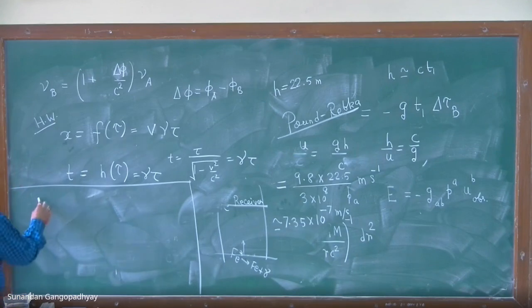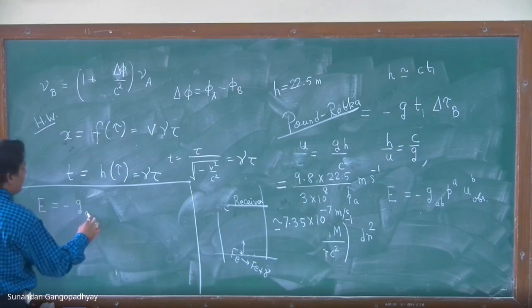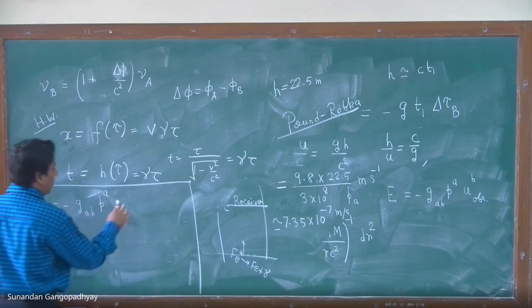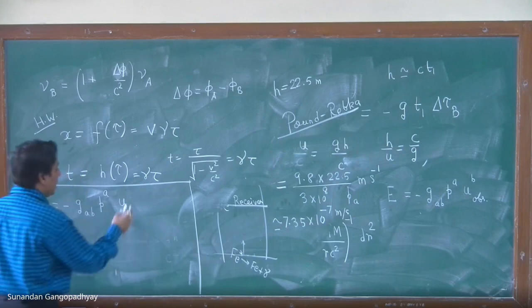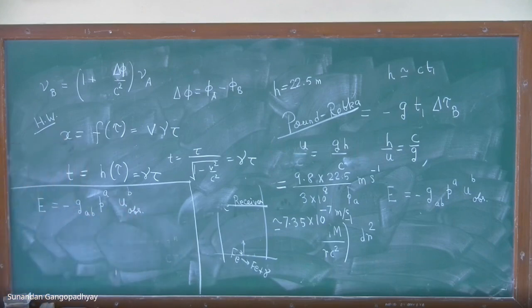Let me write down once again the result which I wrote down: the energy of a particle with 4-momentum p_a and 4-velocity, as measured by the observer, in general relativity. Let us see whether we can obtain the special theory of relativity result from here.